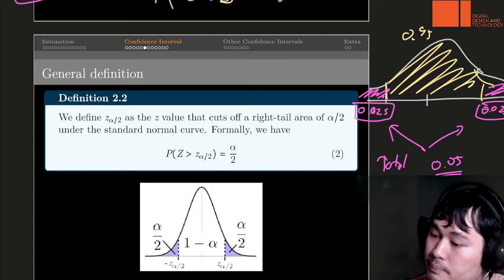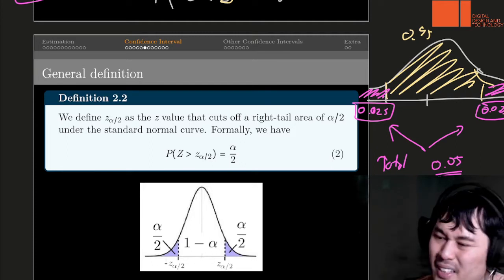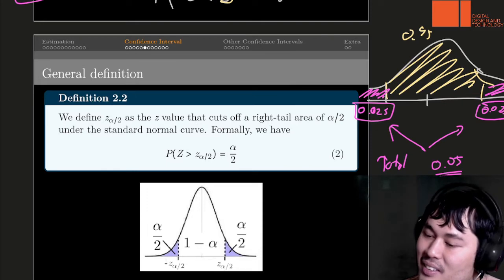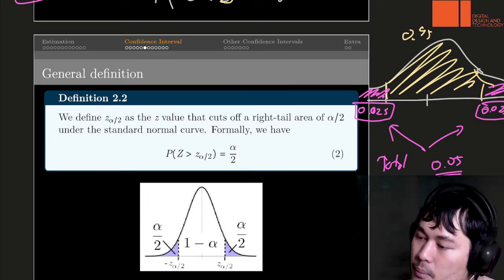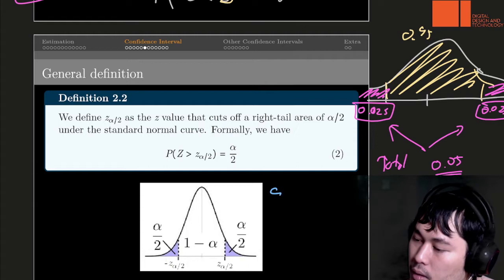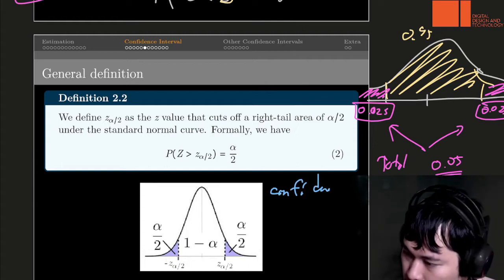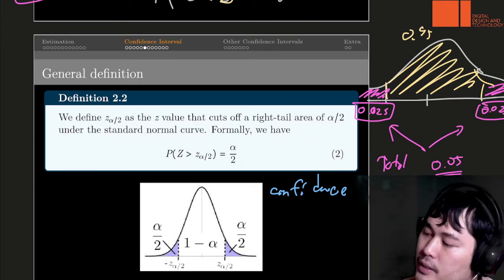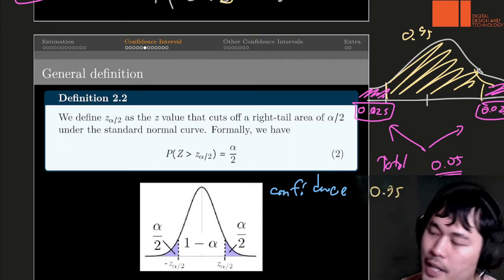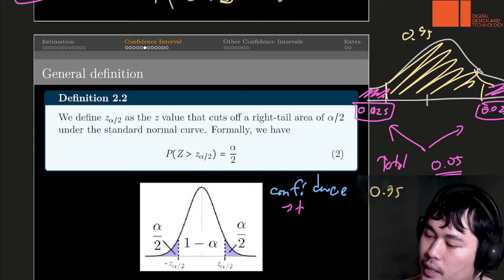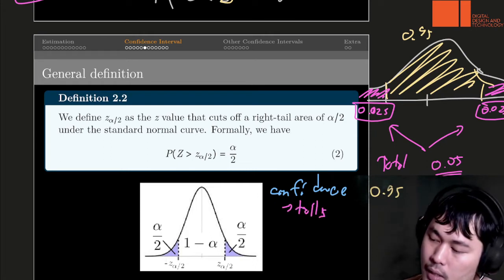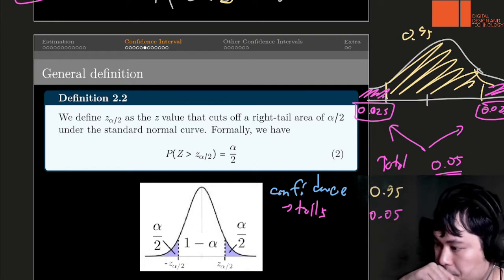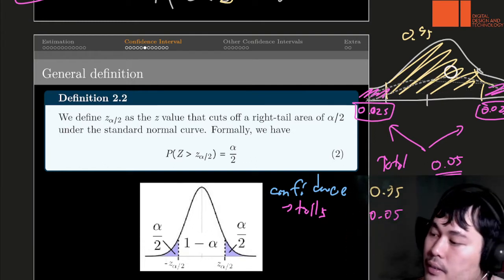Right, so let's say for the confidence interval of 0.95, you see that the sum of the tails is 0.05, because that's the area outside this curve.